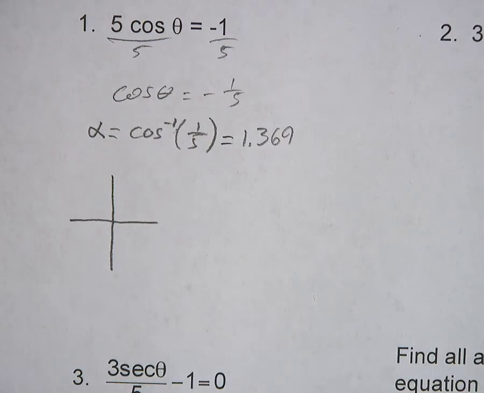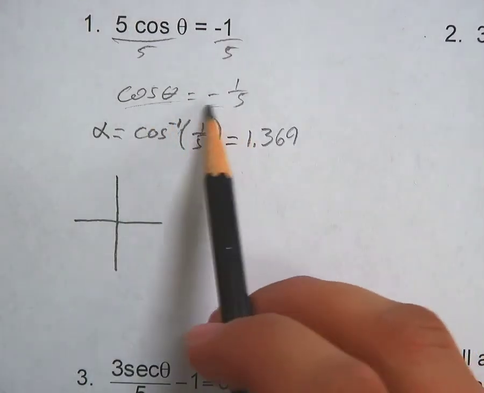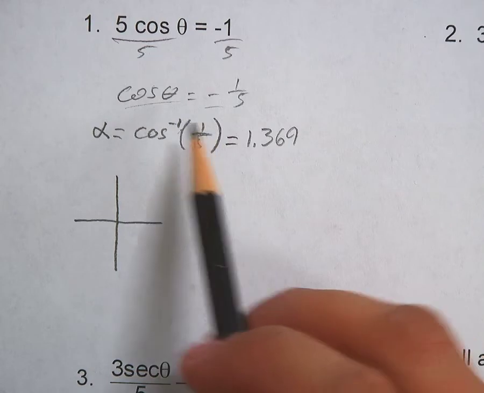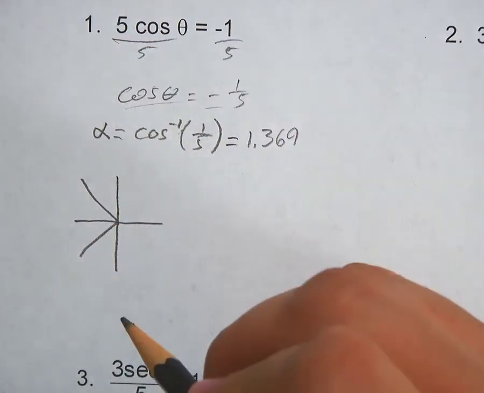So alpha is 1.369, and it says up here that my cosine value was negative. Well, where is cosine negative? Here and here.